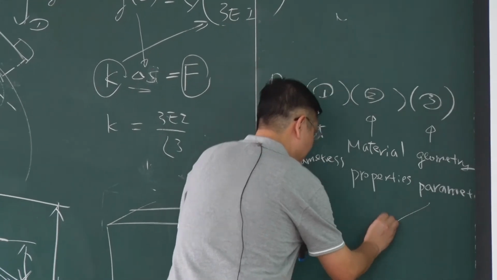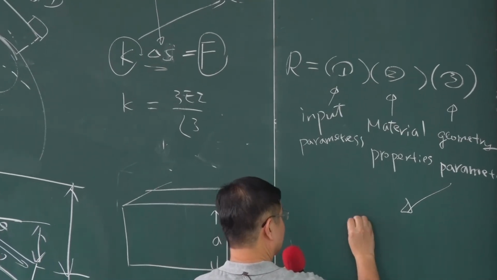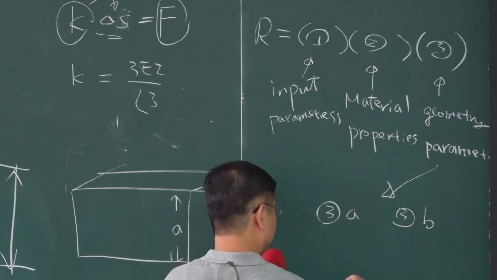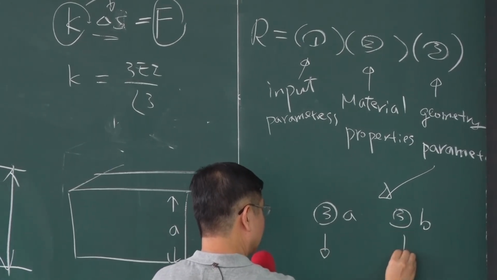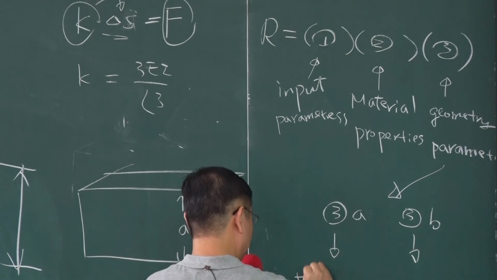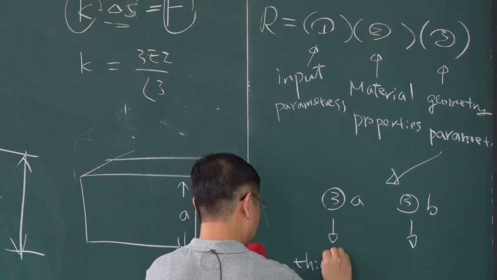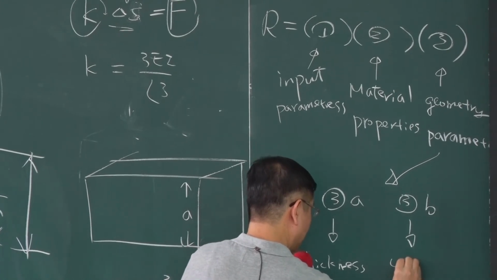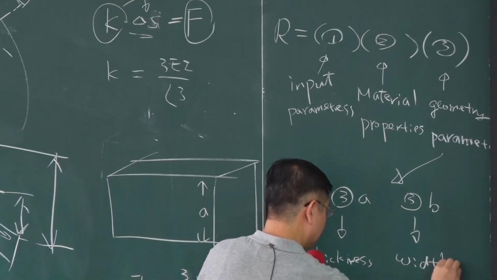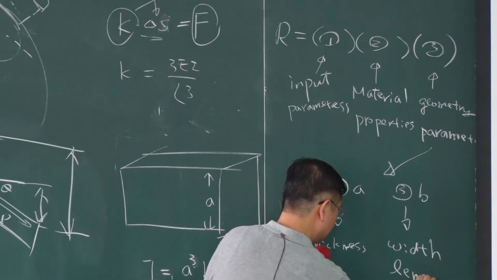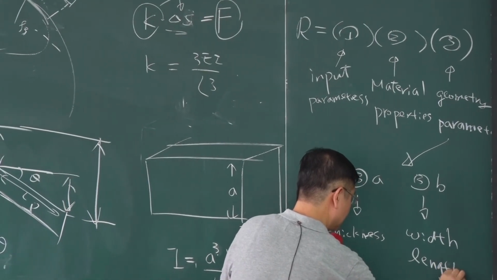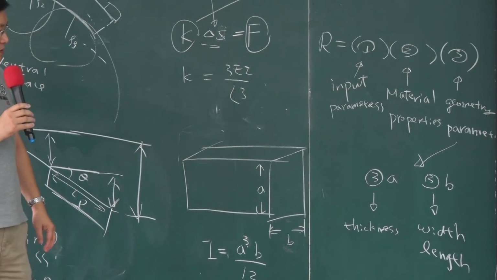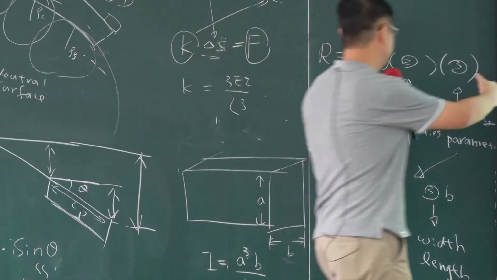For the geometry, there are 2 subgroups. The thickness, width and the length. Yeah, so it's important. Okay.